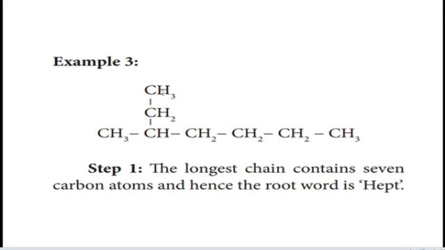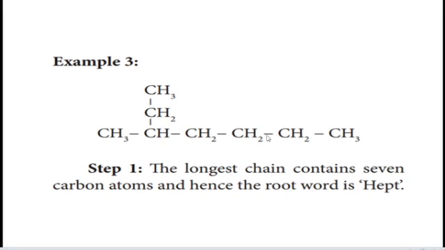From the branch to the long chain, 1, 2, 3, 4, 5, 6, 7. So this is the longest chain, 7 carbon atoms.